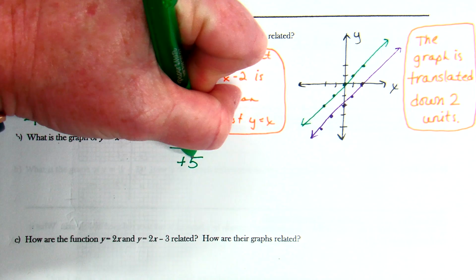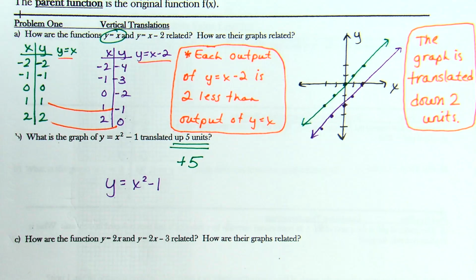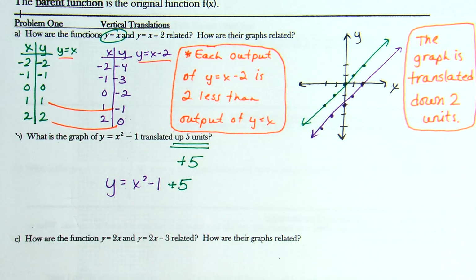So what does this look like? My original equation was y equals x squared minus 1. What am I going to do to x squared minus 1? Add 5. All you need to do is clean that up for me. What is x squared minus 1 plus 5?